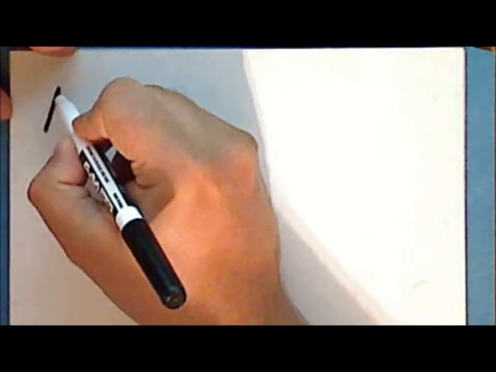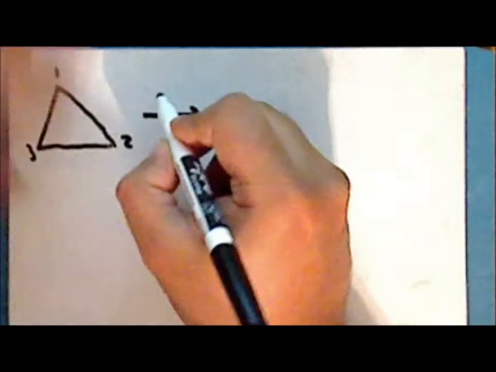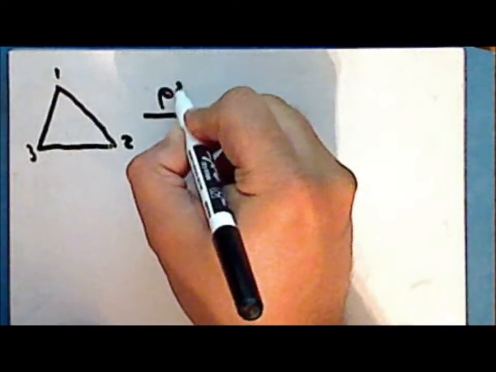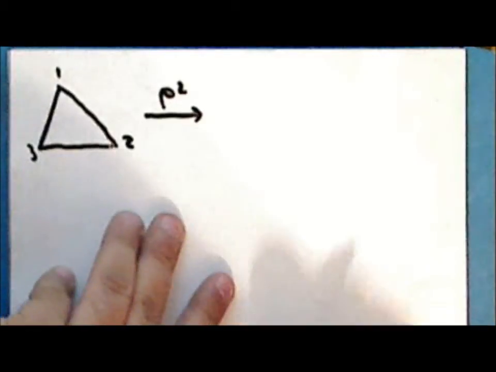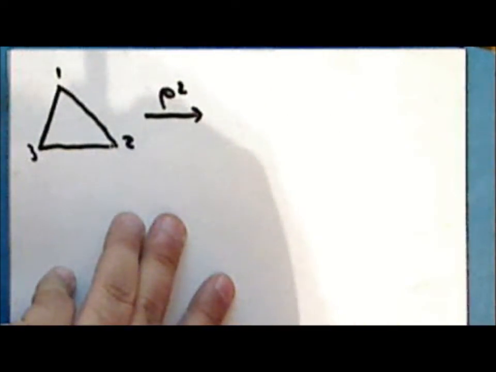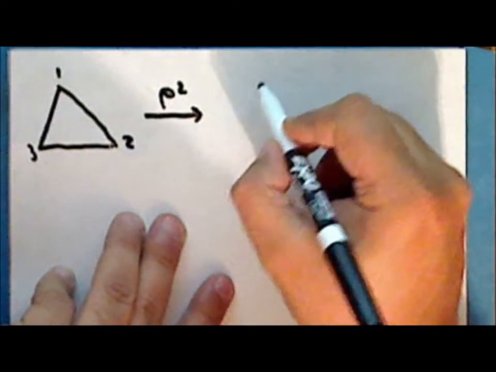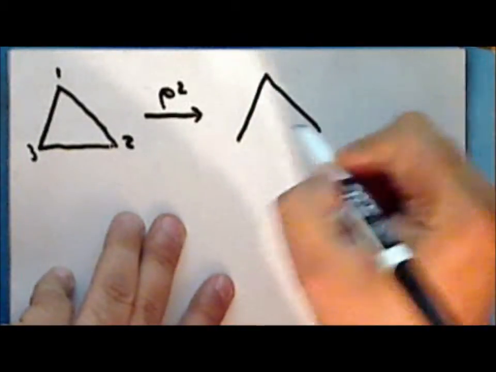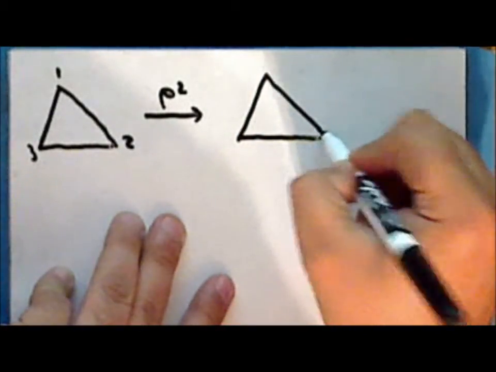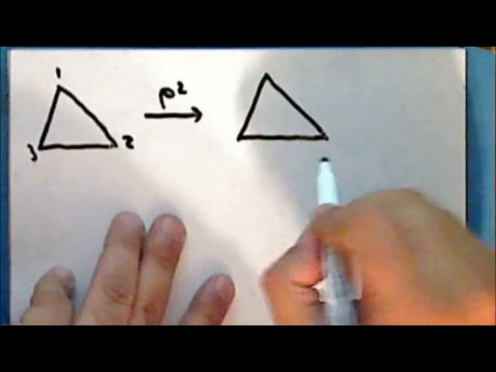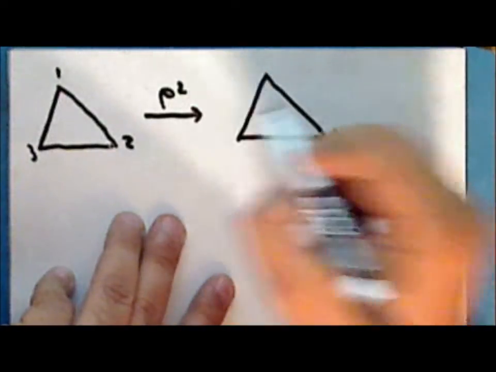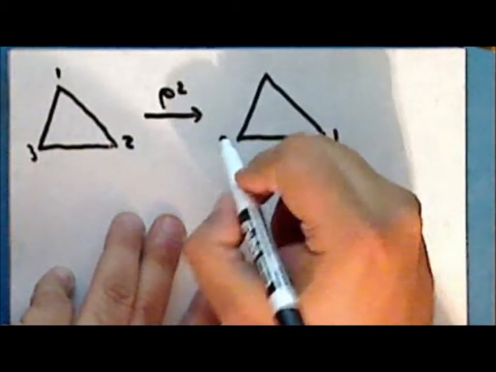And so we can consider the map rho squared, the rotation followed by a rotation each of 120 degrees counterclockwise, which is equivalent to rotating clockwise by 120 degrees.